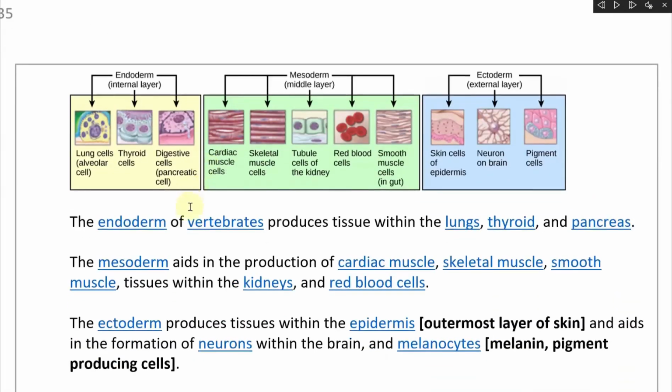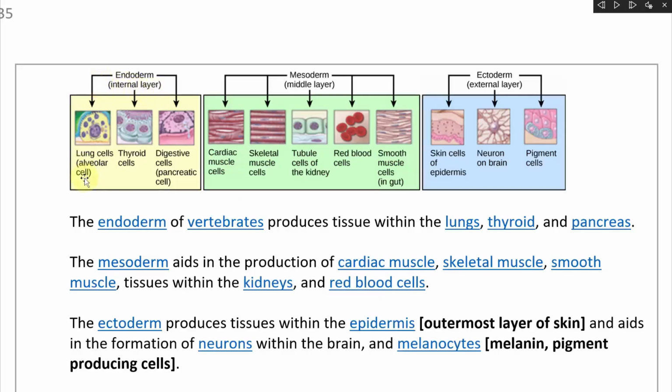Let's continue here. So the endoderm of vertebrates produces tissues within the lungs, thyroid, and pancreas. This is the endoderm, the inside. So there's the inside right there. And the mesoderm aids in the production of cardiac muscle, skeletal muscles, smooth muscle tissues within the kidneys, and red blood cells. So here's the endoderm internal layer.